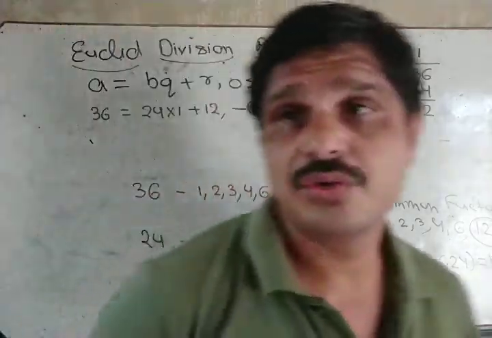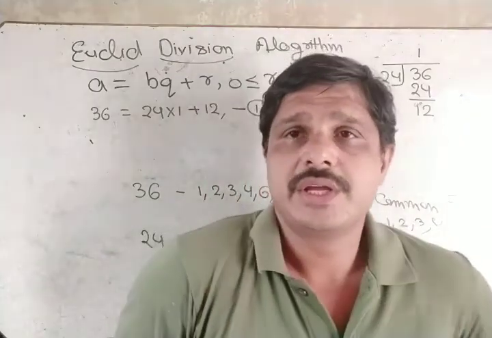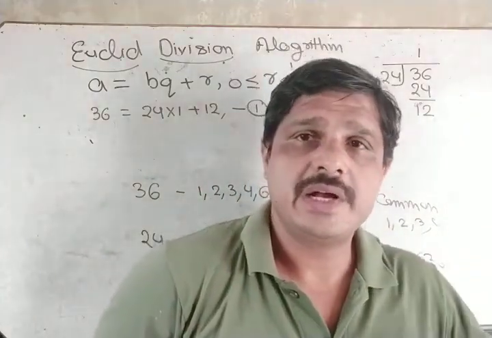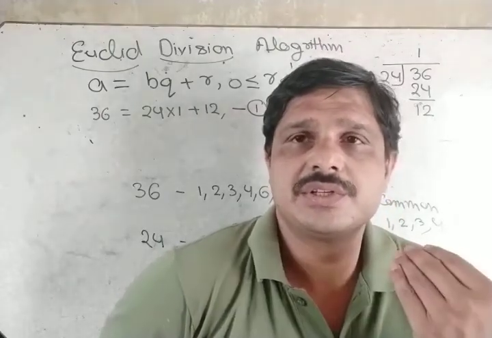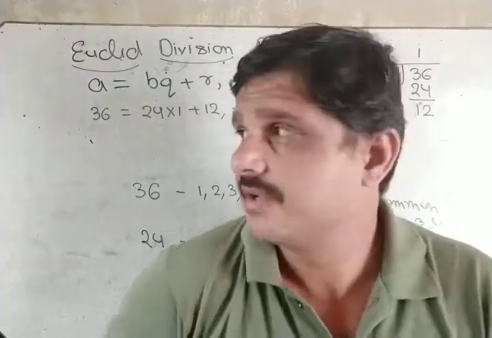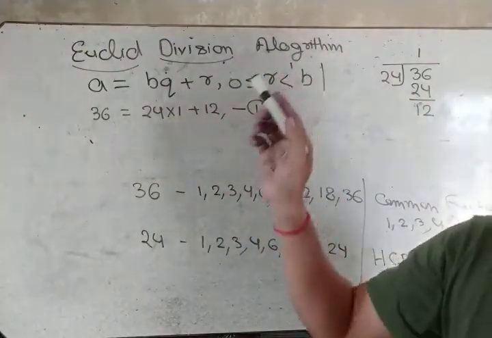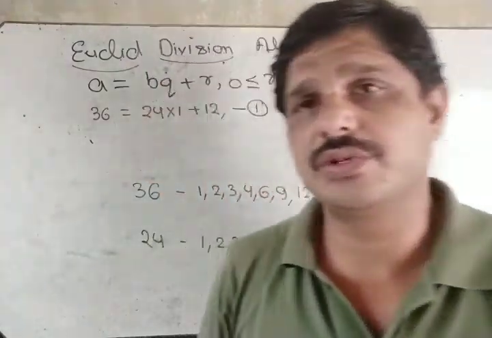When R is not equal to 0, when remainder is not equal to 0, we have to again follow the steps of division, and that is how we are learning algorithm, sequence of steps.